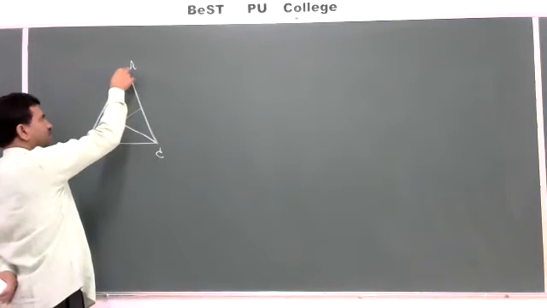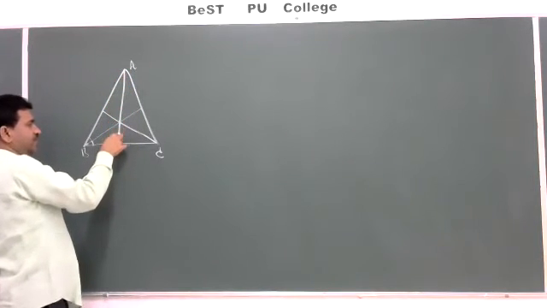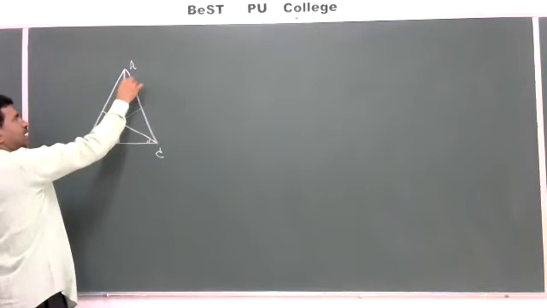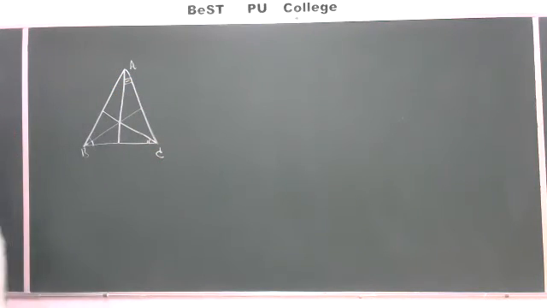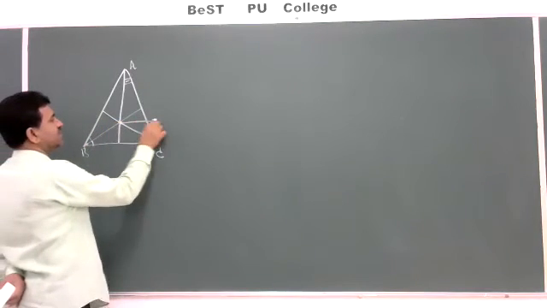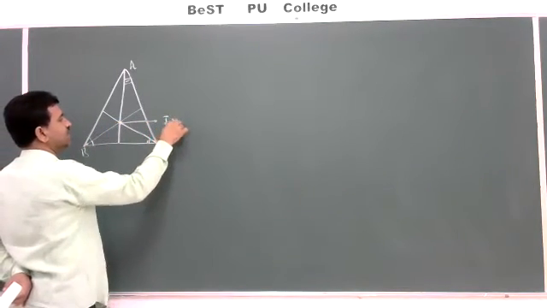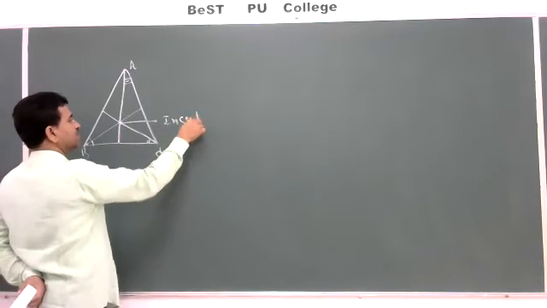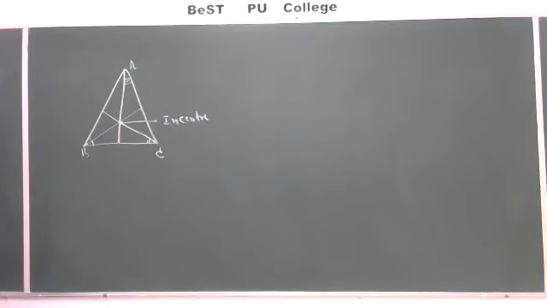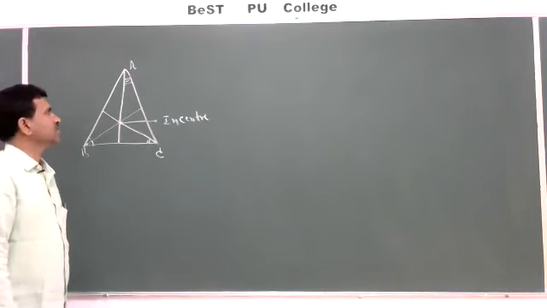These three angular bisectors are concurrent at a point. This point of concurrency is called incenter.